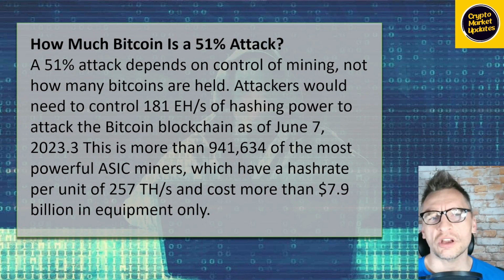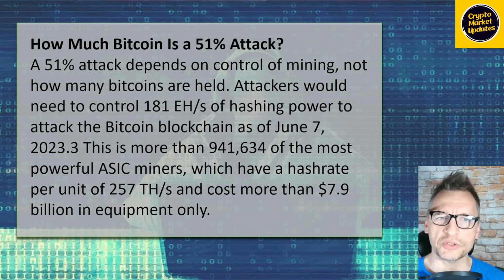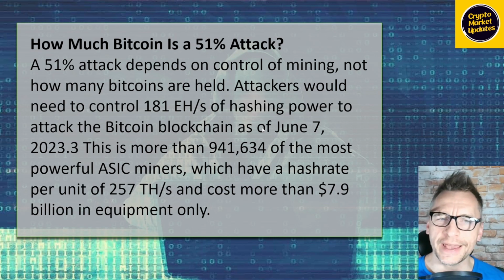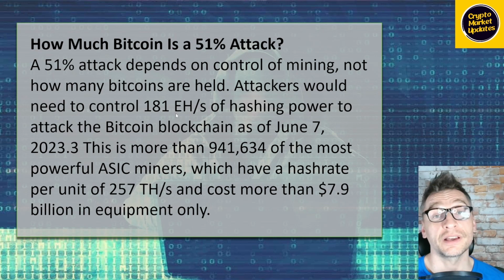So how much would it cost to attack Bitcoin? A 51% attack depends on control of mining, not how many Bitcoins are held. Attackers would need to control 181 exahash per second of hashing power to attack the Bitcoin blockchain as of June 7, 2023. Now, what is an exahash? I'm not going to explain it, but it's a lot.